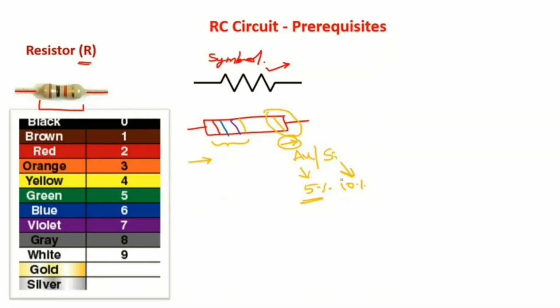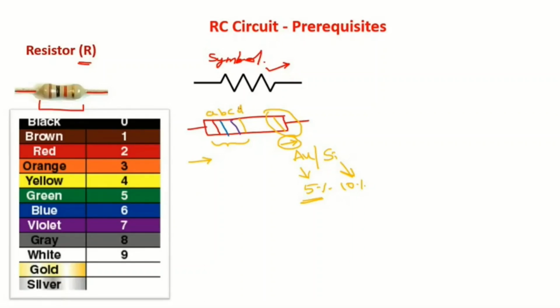Now, let us try to understand these colors. For example, the first color is A, the second color is B, the third color is C, and the fourth color is D. What are these A, B, C, D?